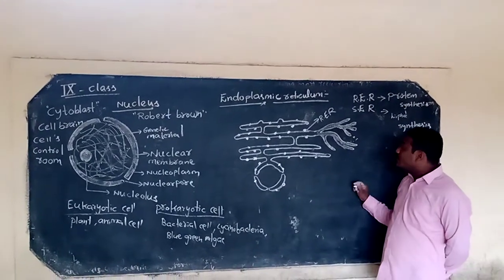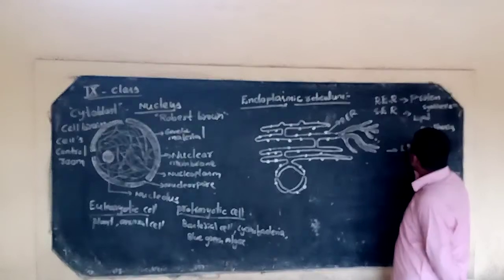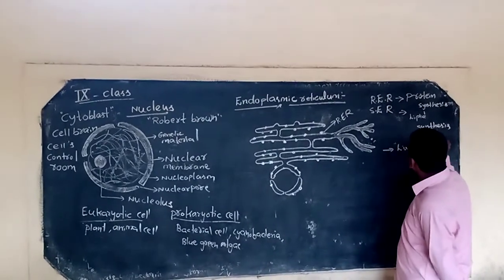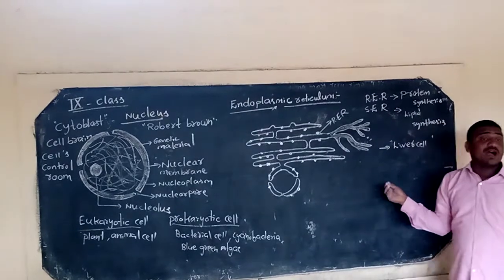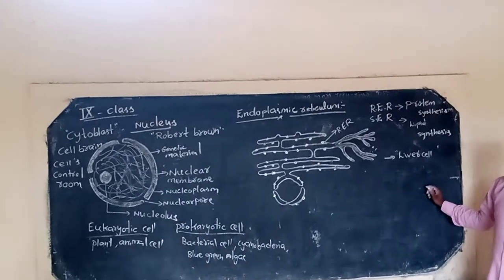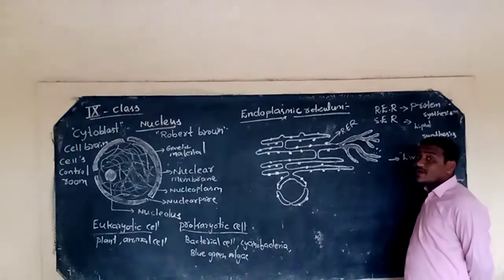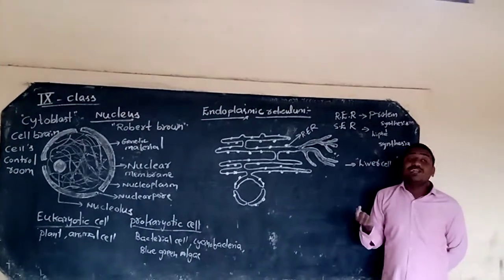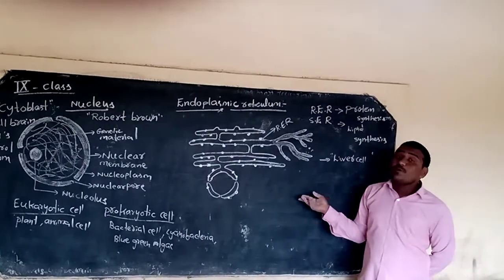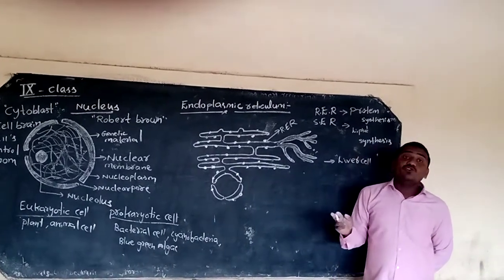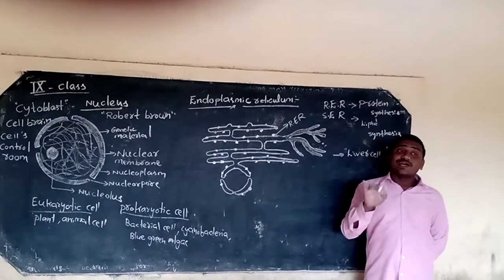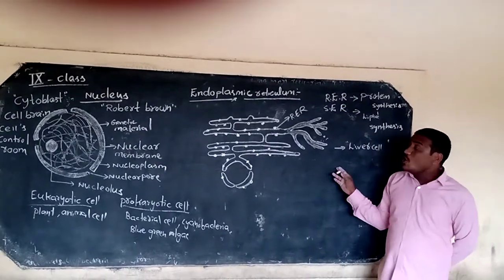And you know that in liver cells a special type of endoplasmic reticulum is there that is helpful for the detoxification of drugs. Normally for the treatment of many types of diseases, we take many types of drugs, and sometimes poisonous or toxic substances are present in drugs.